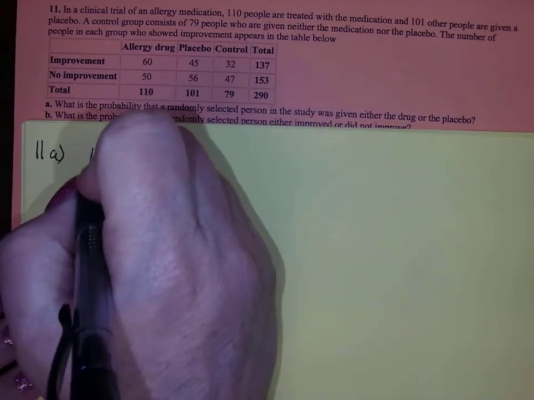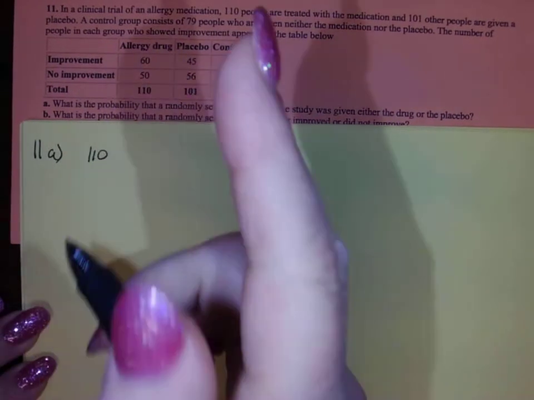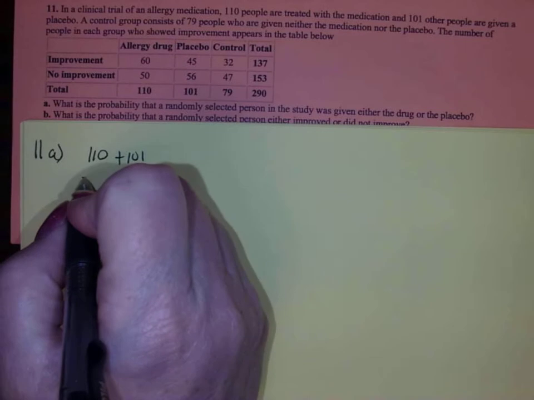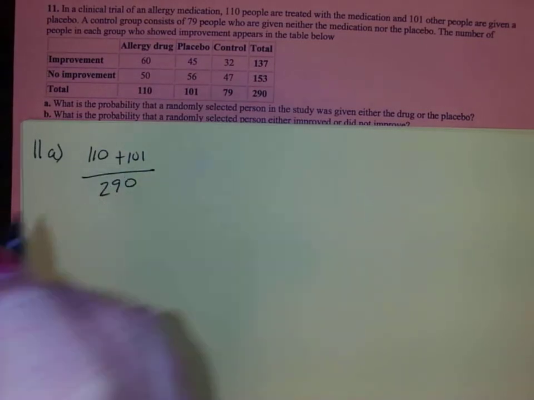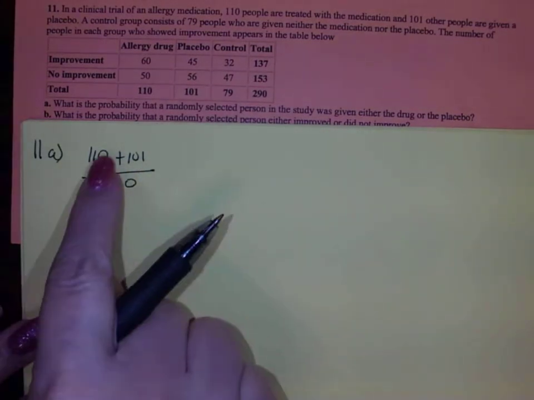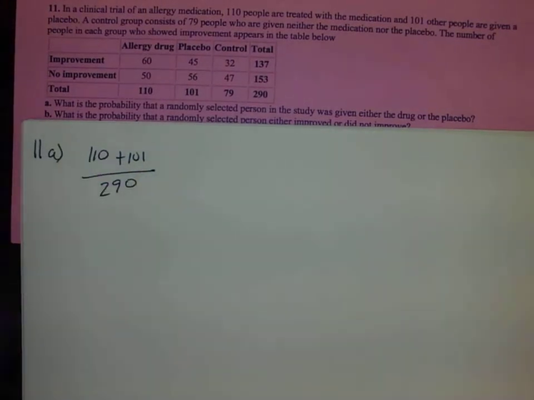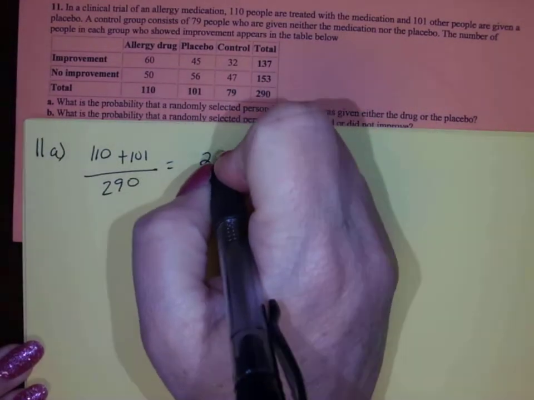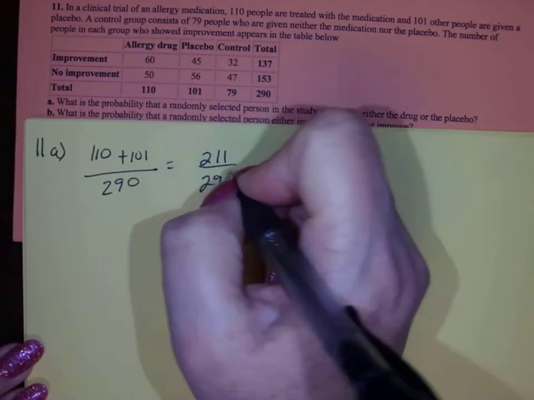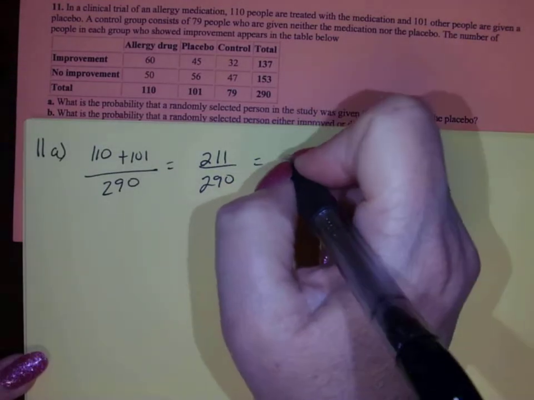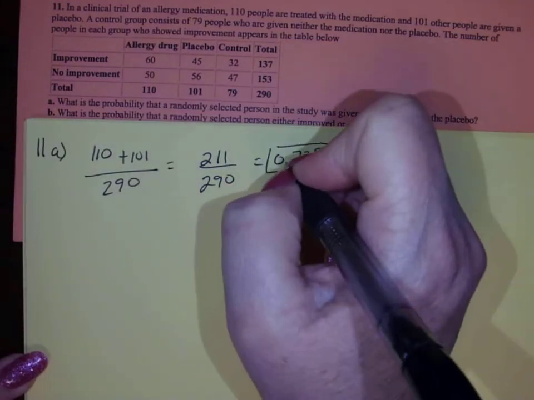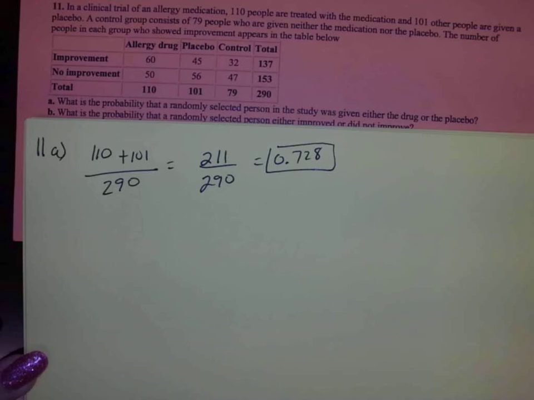So we have 110 for the drug, plus we have 101 on the placebo out of a total still of 290. And you could write these as two separate fractions if you want to, but we're adding them together out of the whole total. On the top, we will get 211 over 290, and then we can take that down to a decimal of 0.728 by putting it in our calculator.